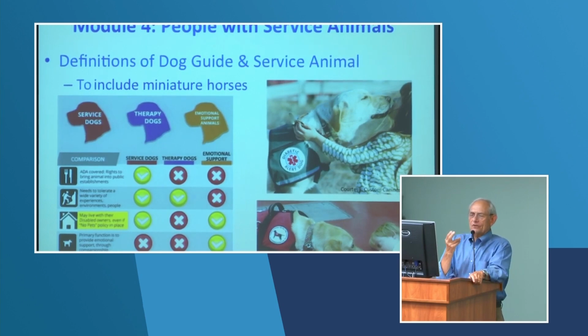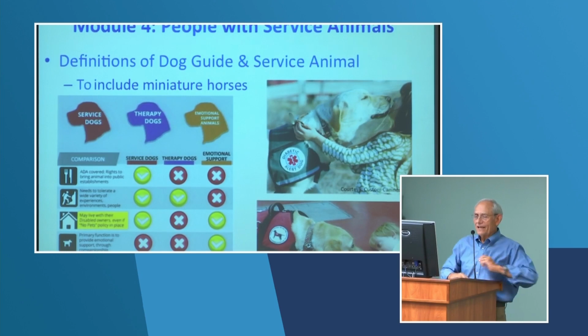we have service dogs, therapy dogs, and emotional support animals, which to my knowledge could be anything including ferrets and snakes and mongoose and anything else. Yeah, but miniature horses are included under the service animal definition now under the ADA.